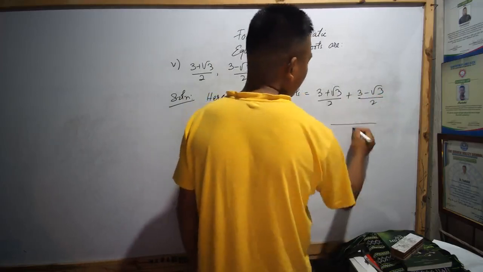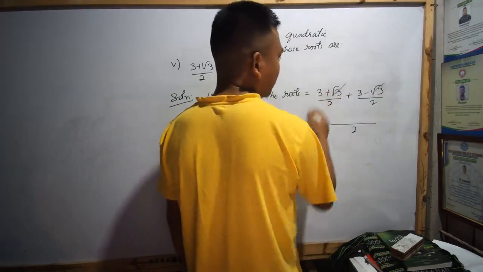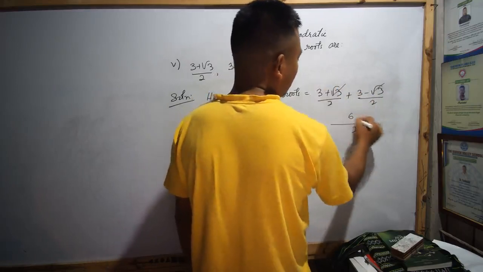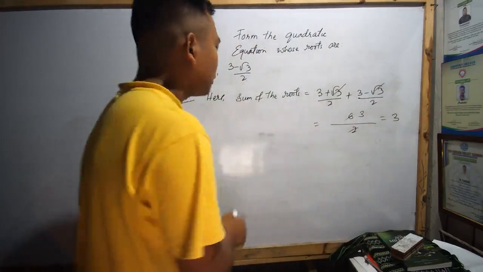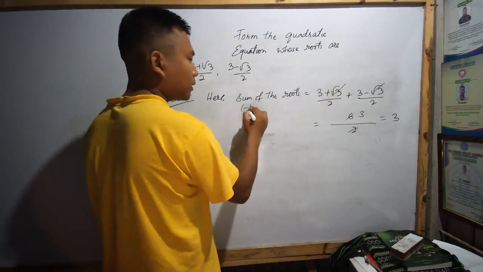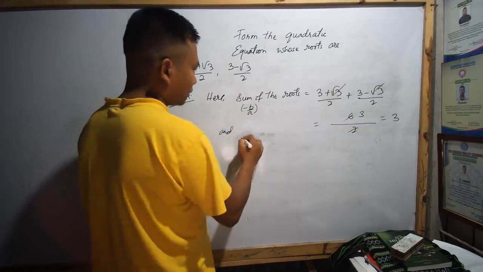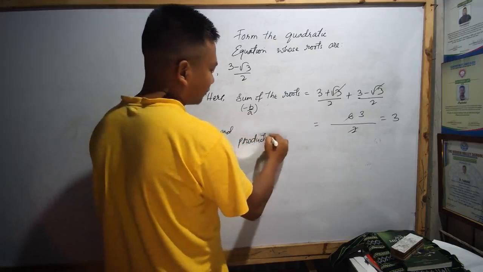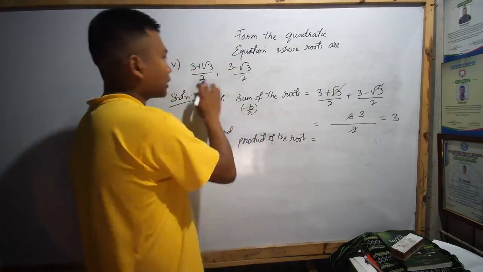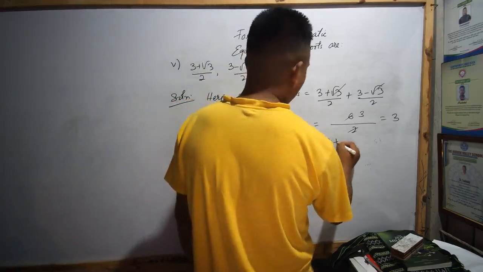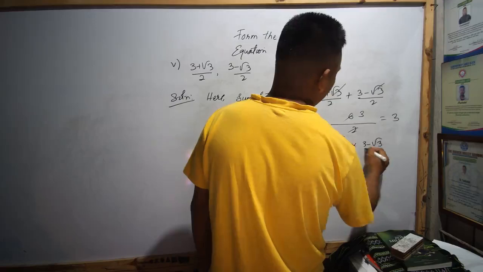The root 3 terms cancel, and we get 3 plus 3, that is 6 by 2, which gives you 3. And product of the roots is 3 plus root 3 by 2 multiplied with 3 minus root 3 by 2.